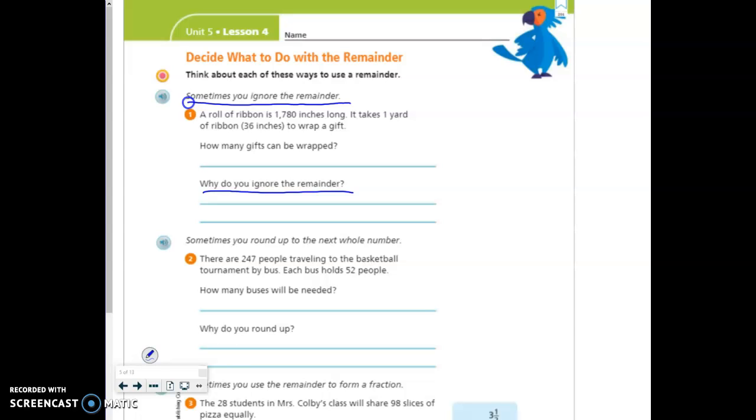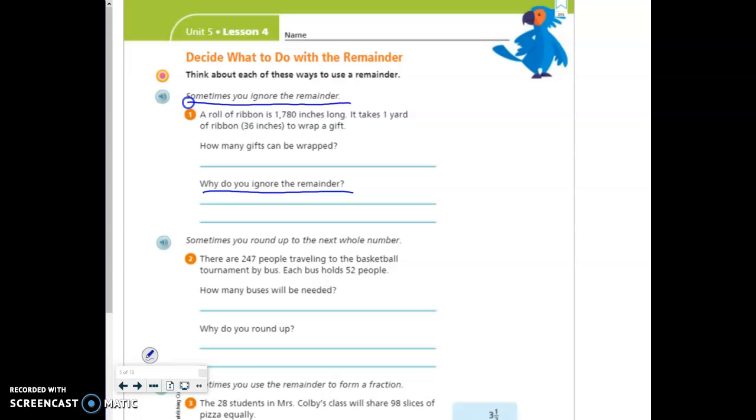So in this case, when they say how many gifts can be wrapped, we're looking for how many gifts can be completely covered by the paper, not how many gifts can be partially covered by the paper. So that remainder is just leftover paper. It is paper that is unusable to answer the question that we have been asked in this story problem. So in that case, we can just give the answer when I solve this problem.